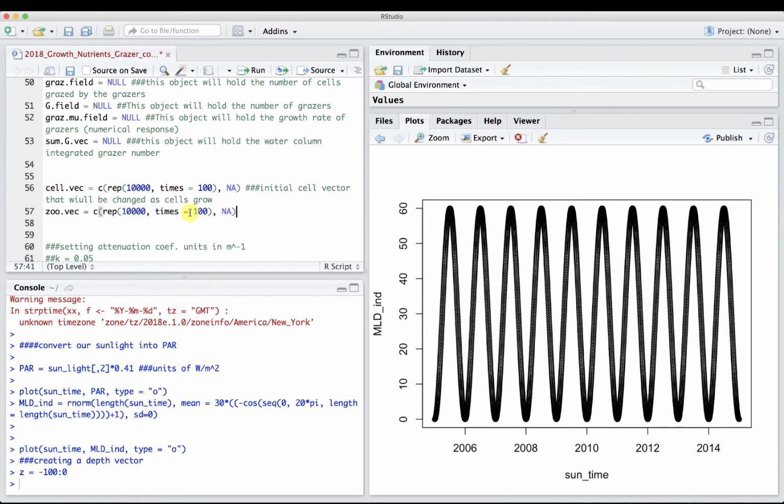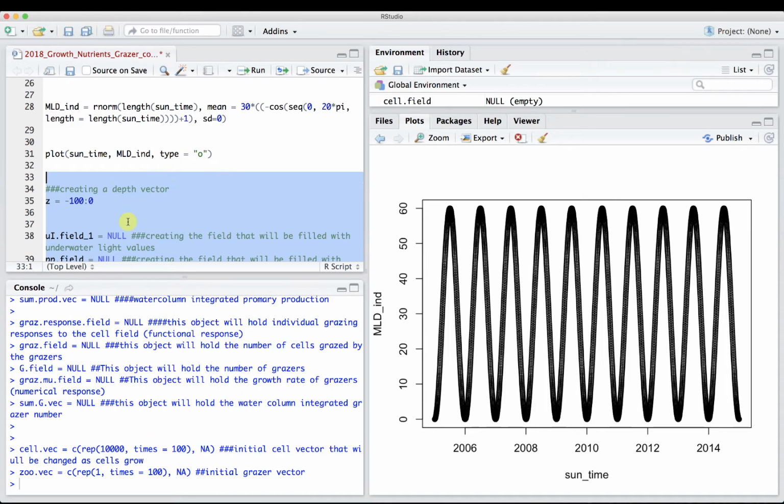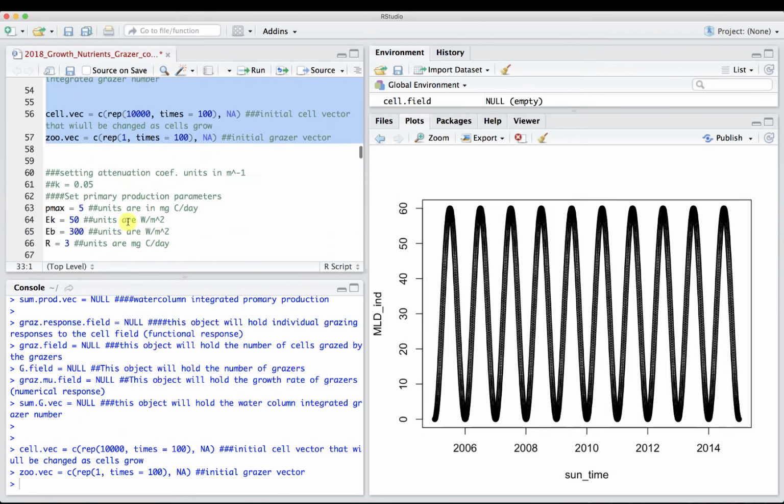Instead of 10,000, we're going to repeat just 1. And this will be the initial grazer vector. Okay. All right, so let's copy all this stuff, make sure there's no errors in it. Copy and run that. Yeah, all right, okay, so all those objects are now created.